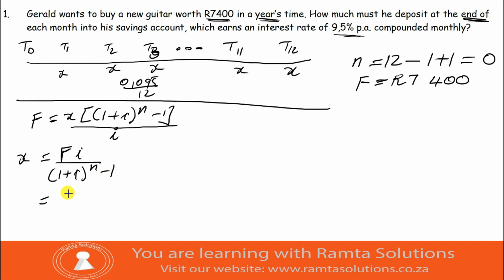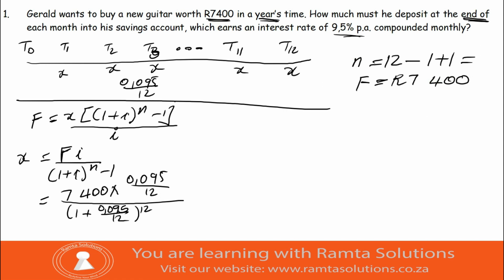Then I will say the future value is 7,400 multiplied by the interest, 0.095 over 12, all over 1 plus 0.095 over 12 to the power 12, minus 1. I said 0 here by mistake; this should be 12. So take your calculator and get this answer.